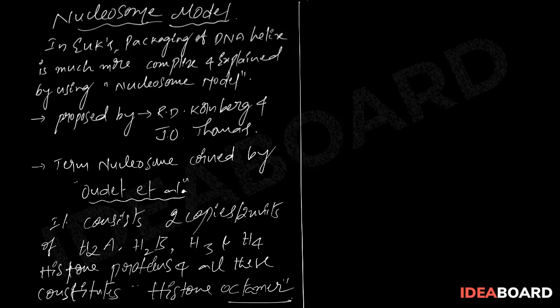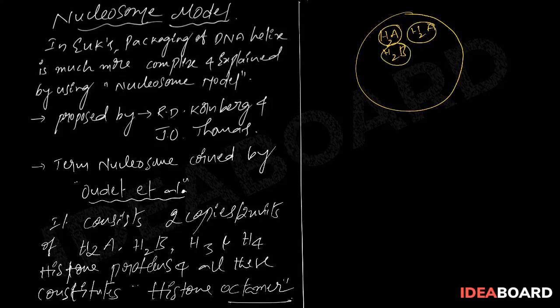So this is H2A, again H2A, H2B, another H2B, then H3, another H3, H4, another H4. This is what we call the octamer.